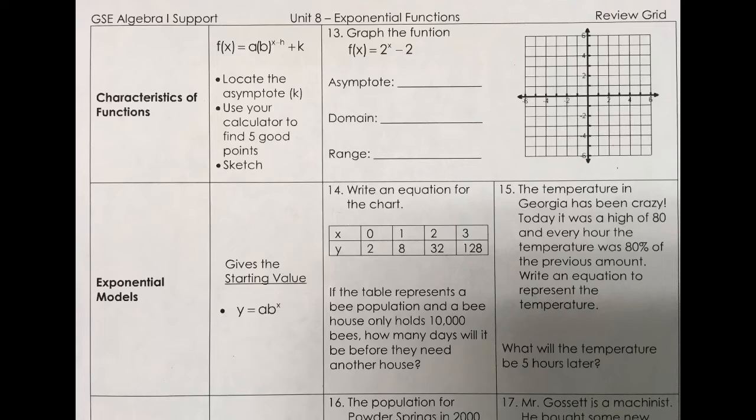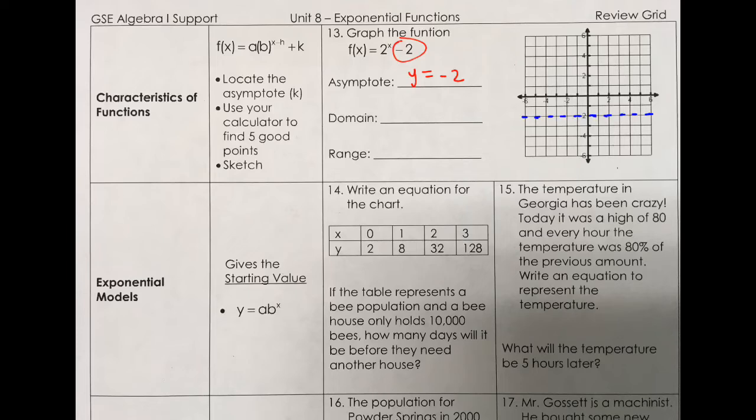All right, so let's go ahead and write that in. Y is equal to -2. And since we have our asymptote, let's go ahead and do our dotted line in here at -2.